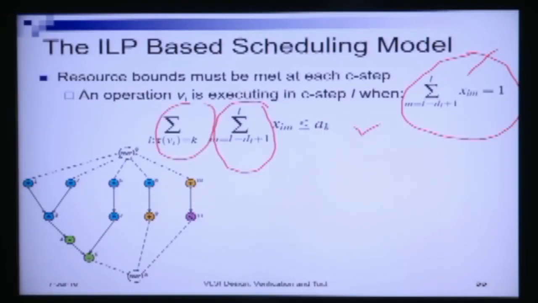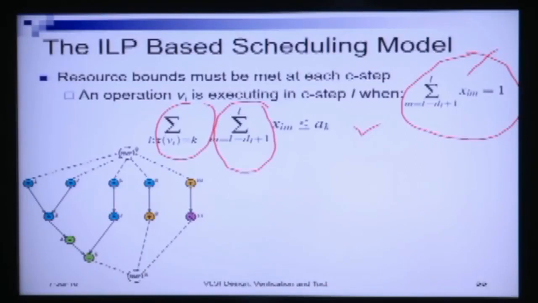That for each type of resource, the total number of operations that can be concurrently operating at this current time step is limited by at most AK. This is what this resource constraint tells me.